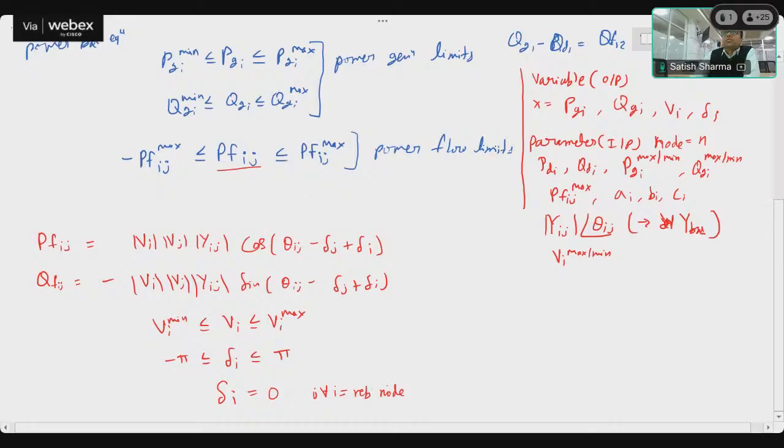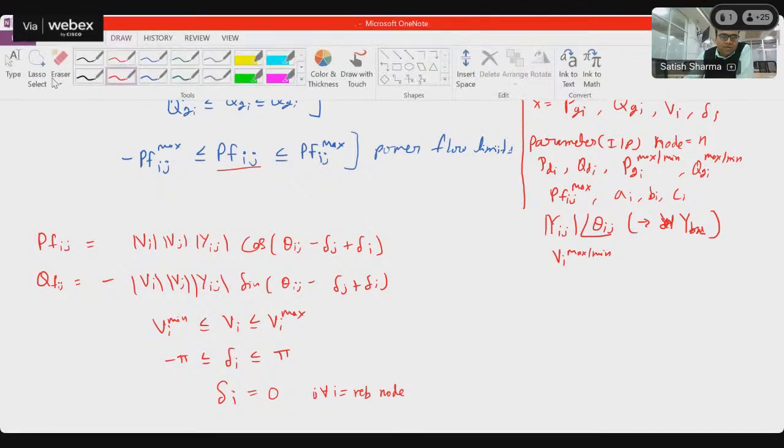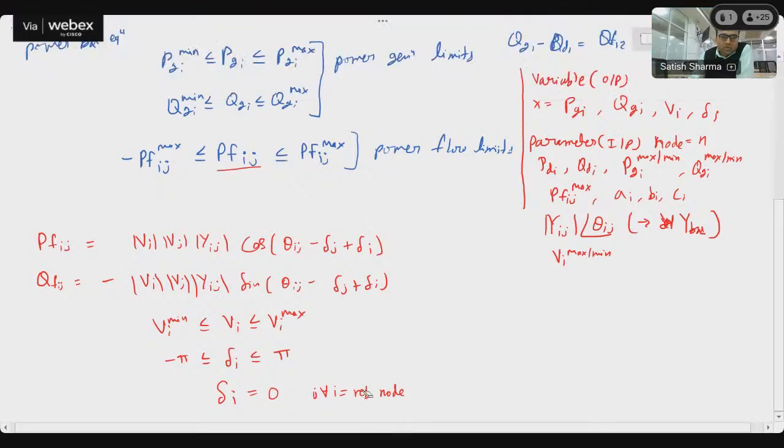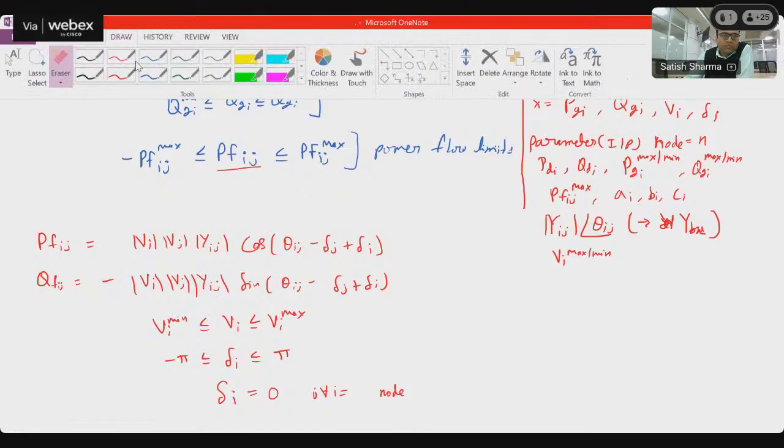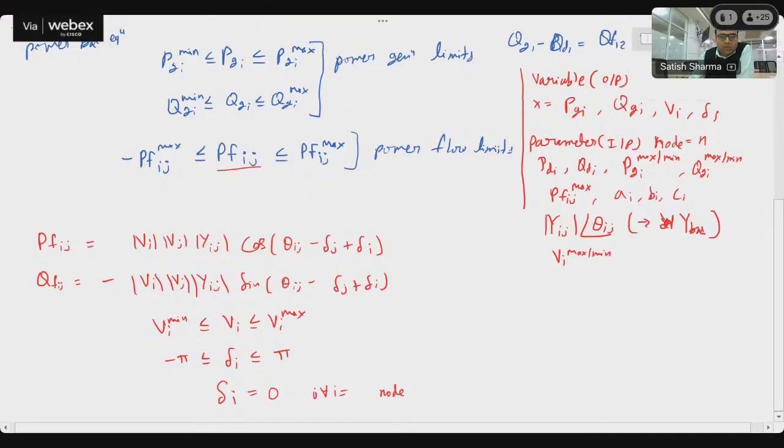So how many reference nodes do we have in a power system when we try to solve a problem? Yes, we have one slack bus, so one reference bus is there.